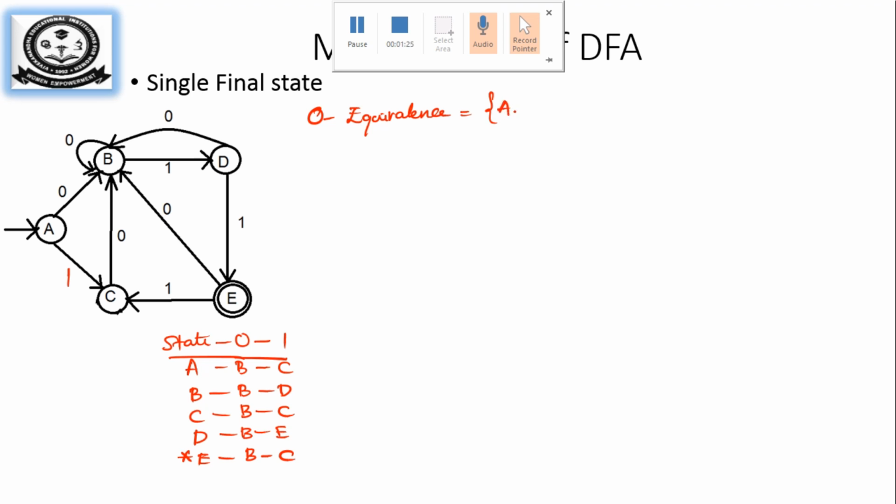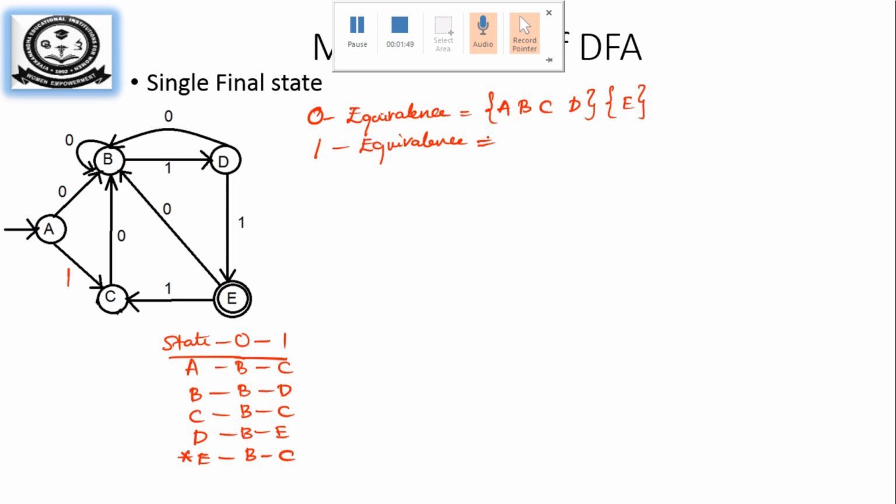The non-final states are A, B, C and D, and the final state E will be kept in a separate set. Now this is your first step. Zero equivalence is done.